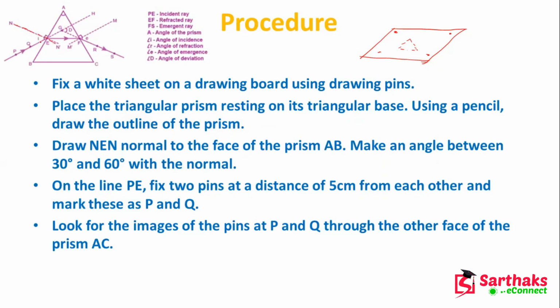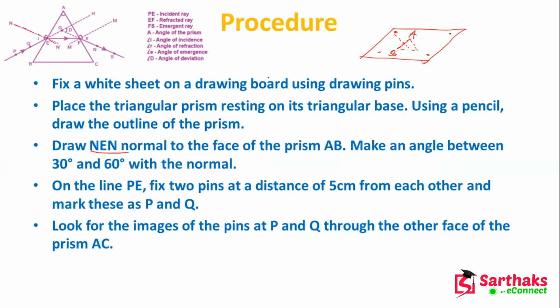If this is A and B, then on this line you have to draw one normal. That is the NEN normal. Clear? Now make an angle between 30 degrees and 60 degrees with the normal. So make any angle between 30 and 60 degrees for the line PE.